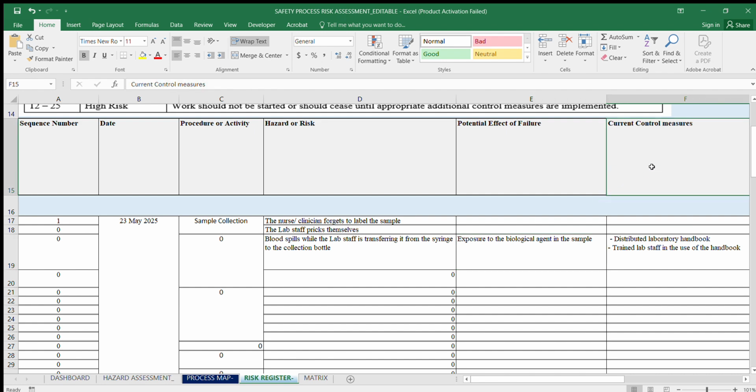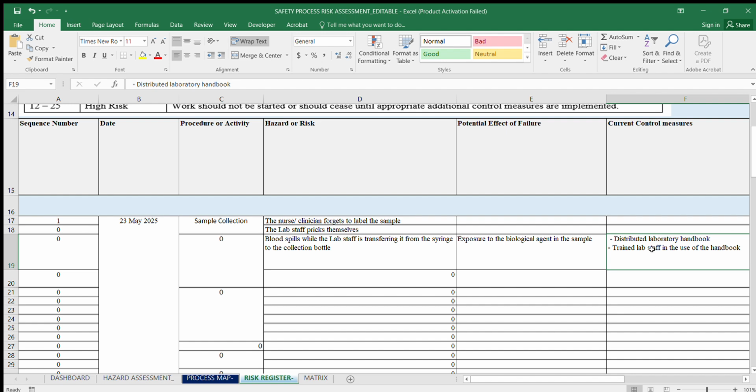In the next column, you are going to indicate the current control measures. So what have you put up as a laboratory to either reduce the chances of this scenario happening, or make sure that it doesn't happen?